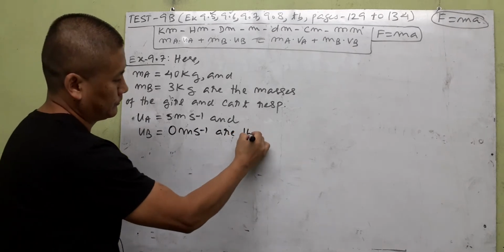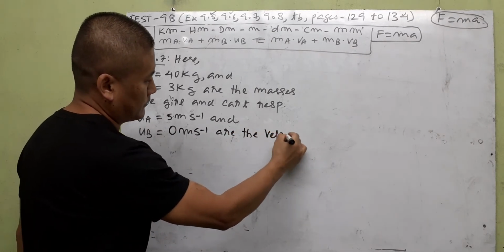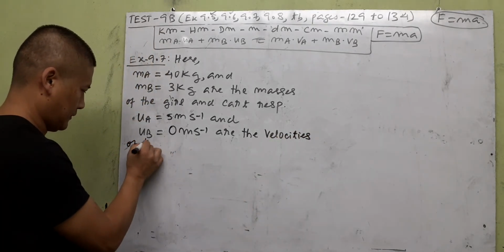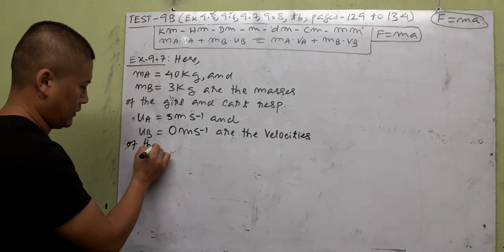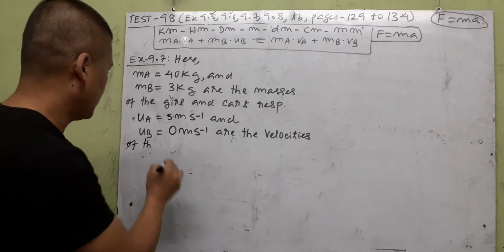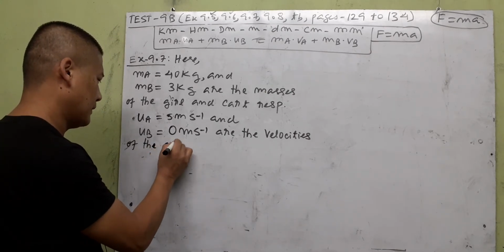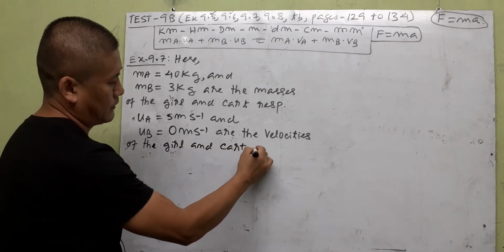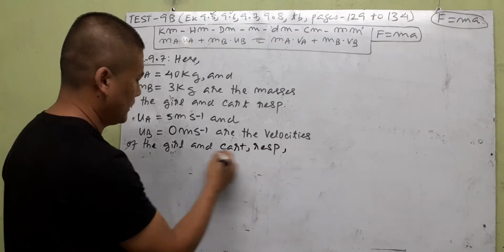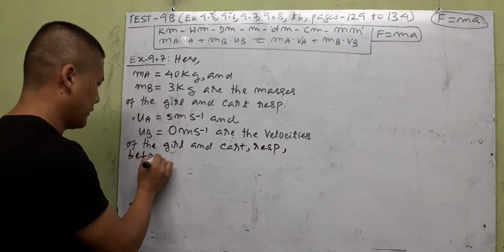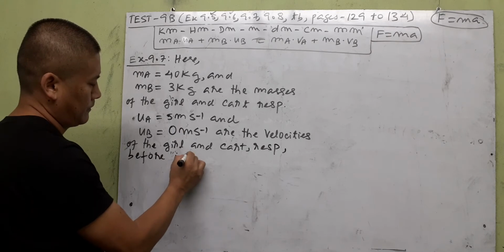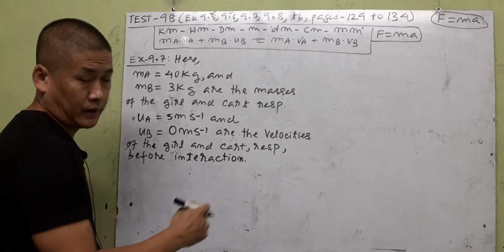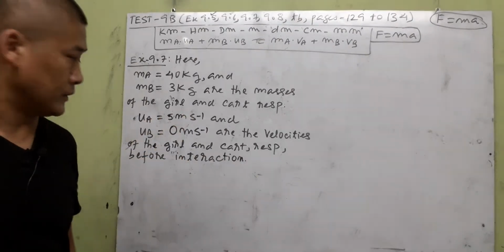UA and UB are the velocities of the girl and cart respectively before interaction. That means before the girl jumps on the cart and disturbs it. That is the initial velocity.